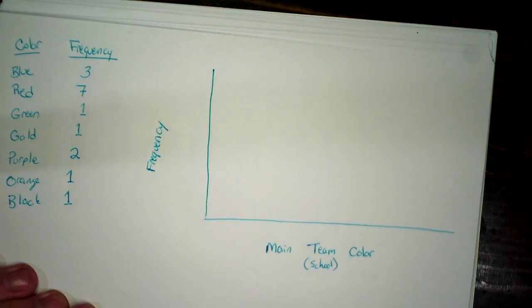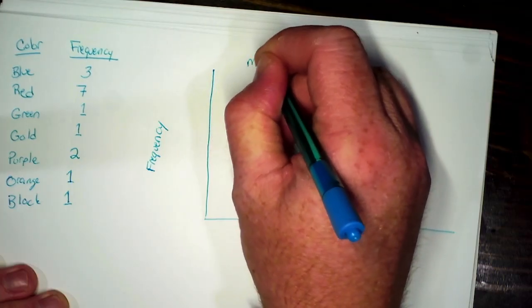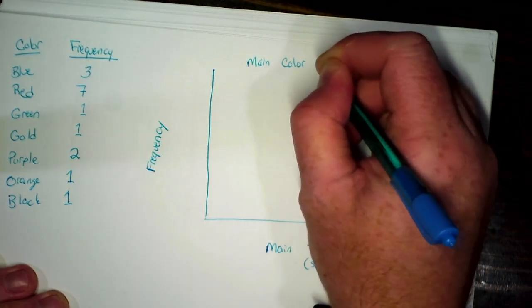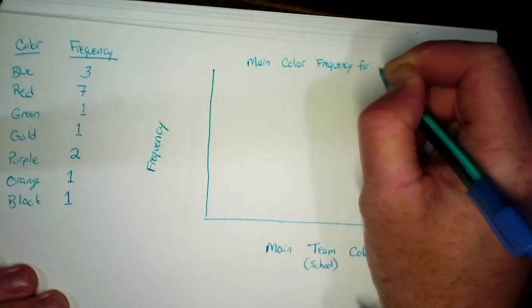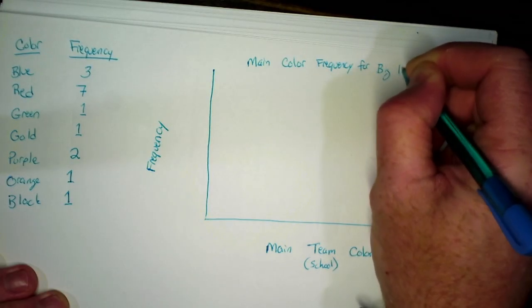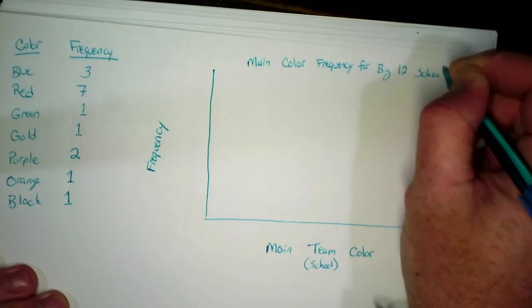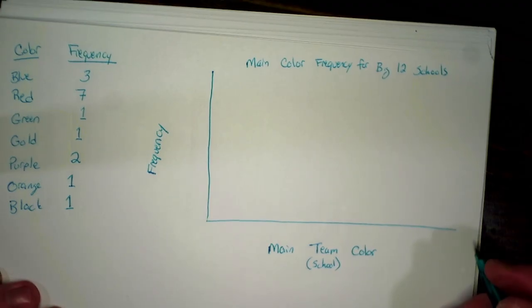So how often something occurs. Okay, and then we're going to give our graph a title. So the main color frequency for Big 12 schools. All right, that's kind of a mouthful. There's maybe a nicer way to word that, but we'll go with that for now.